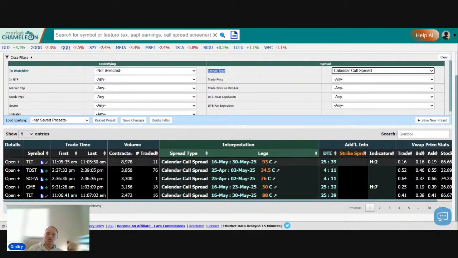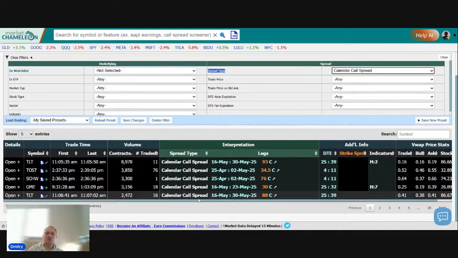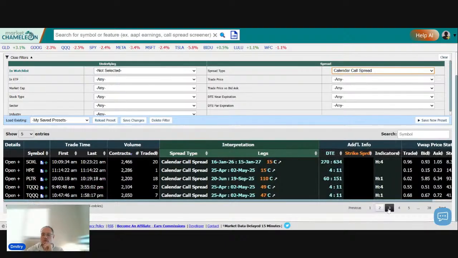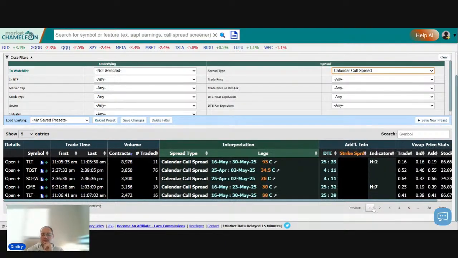See, strategy type, these are all calendar call spreads. And based on yesterday's data, we're not open yet today, but you could see they're over 189 that we detected. So you could tab through them if you want. Right now, it's sorted by the ones with the most volume, most contracts.